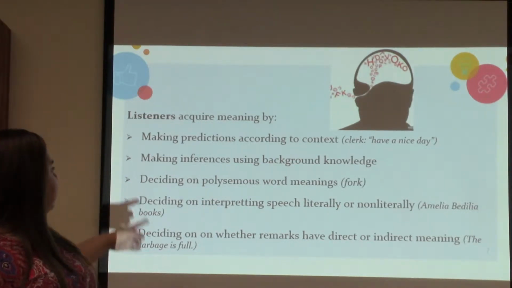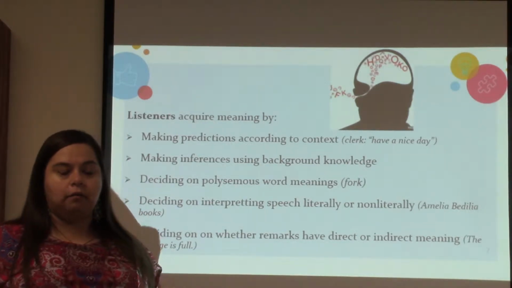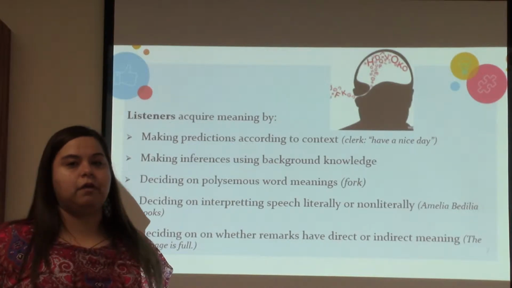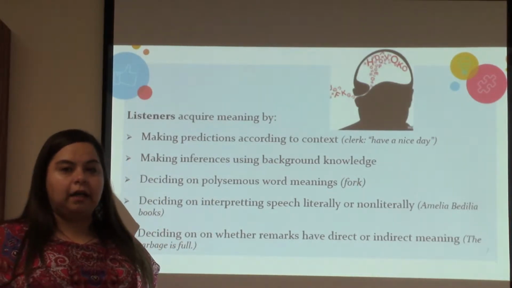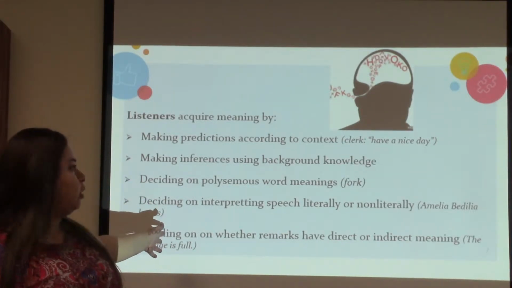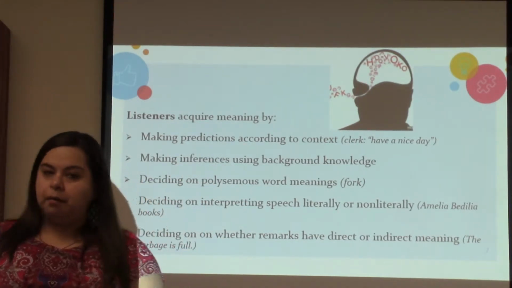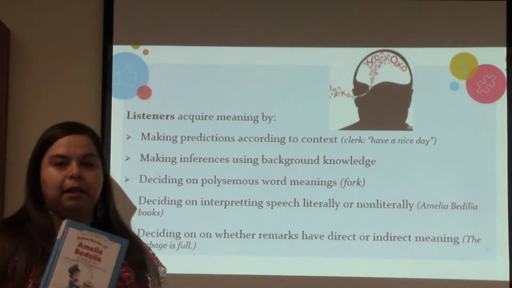Then there's deciding on polysemous words. For example, with emergent bilinguals, colloquialisms can be difficult. If they know the meaning of fork as the eating utensil, they might not understand a fork in the road, so they have to decide, should I take it literally or non-literally? They mention a book, and some people might be familiar with the Amelia Bedelia books.